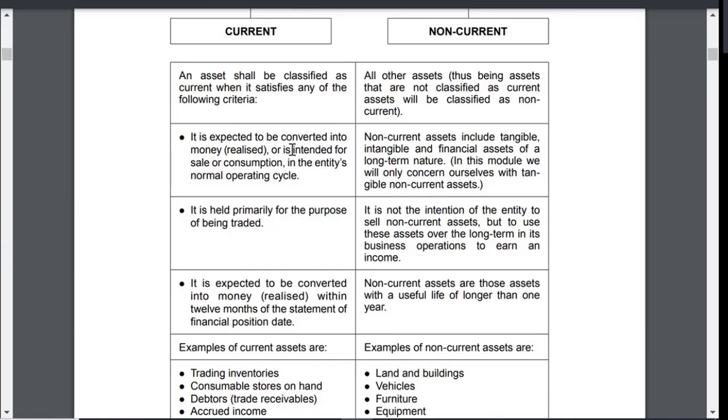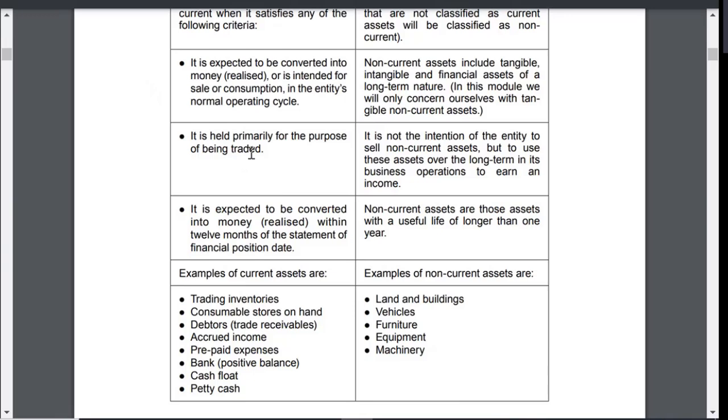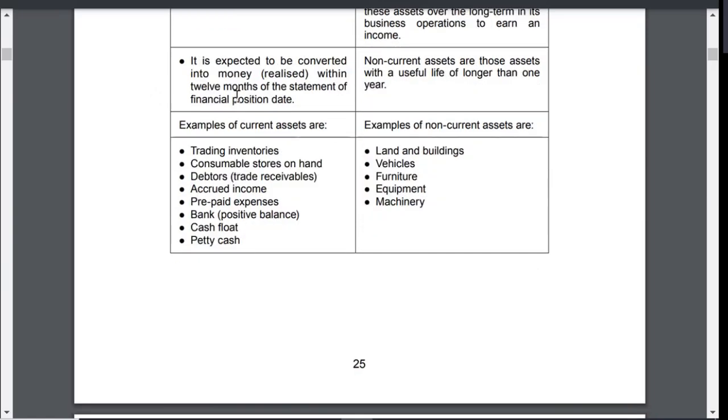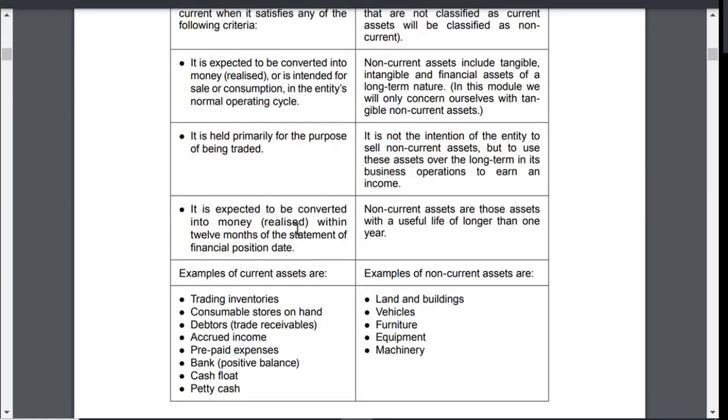It is expected to be converted into money or is intended for sale or consumption in the entity's normal operating cycle. It is held primarily for the purpose of being traded. It is expected to be converted into money within 12 months of the statement of financial position date.